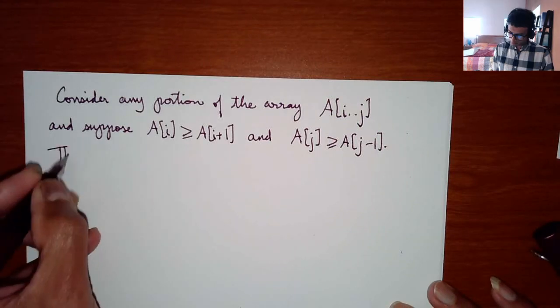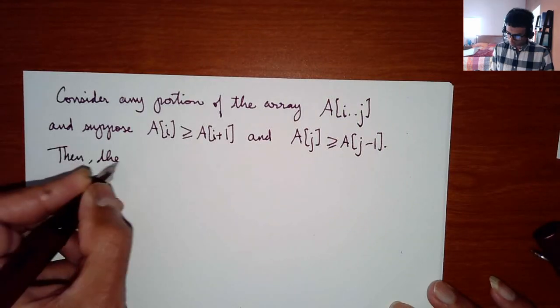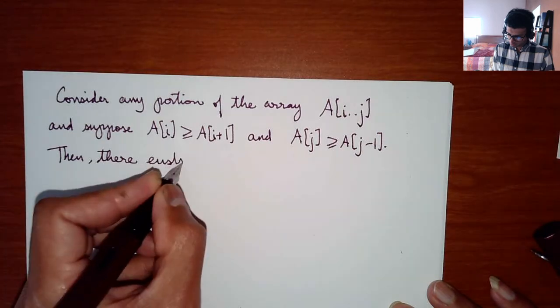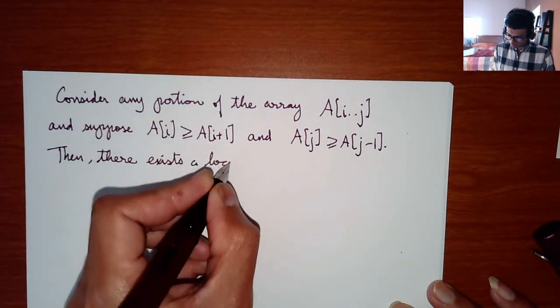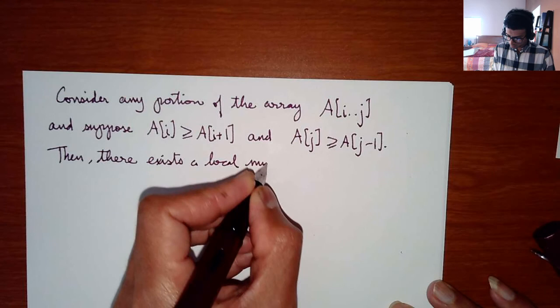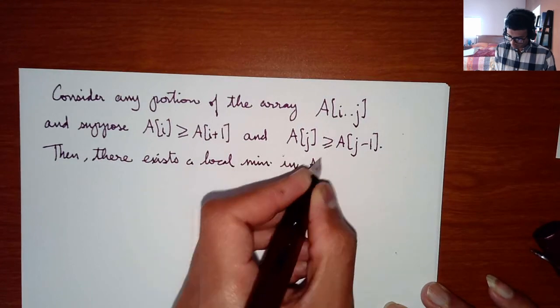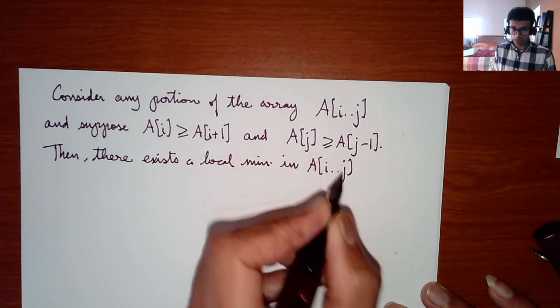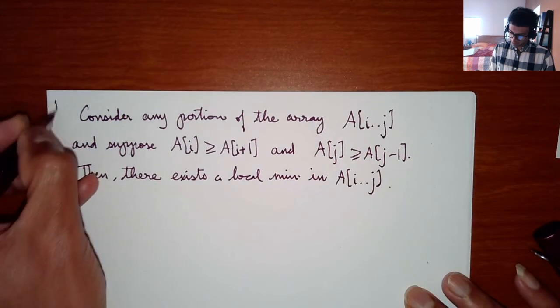Then there exists a local minimum in A[i] to A[j]. This is basically like a mathematical theorem.